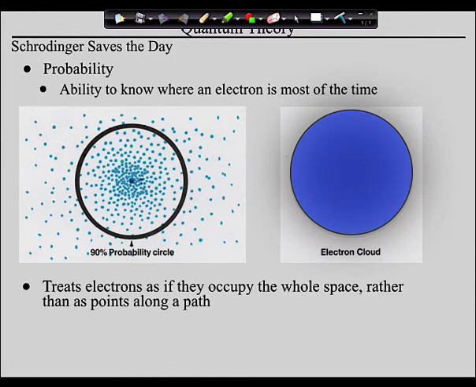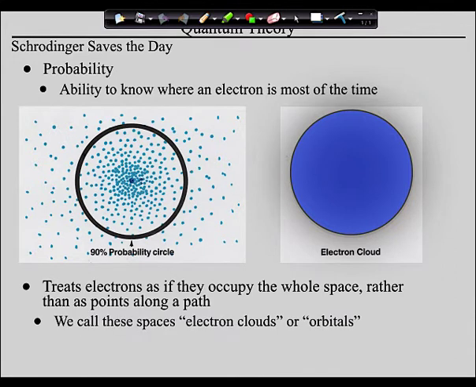They just don't spend a lot of time there, so we describe them as being inside these kinds of spaces. Okay, so with that said, guys, this is the last of what you need to write down under probability. So the idea of probability treats electrons as if they occupy the entire space, rather than treating them as if they are points along a path. Now, guys, along the way, we gave these spaces names, and this is a word that you've heard before.